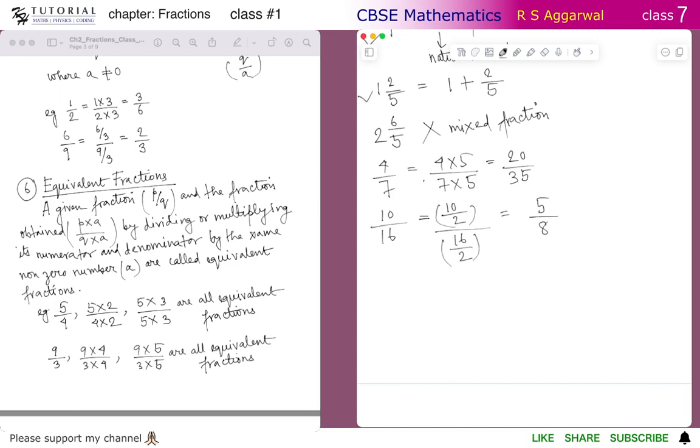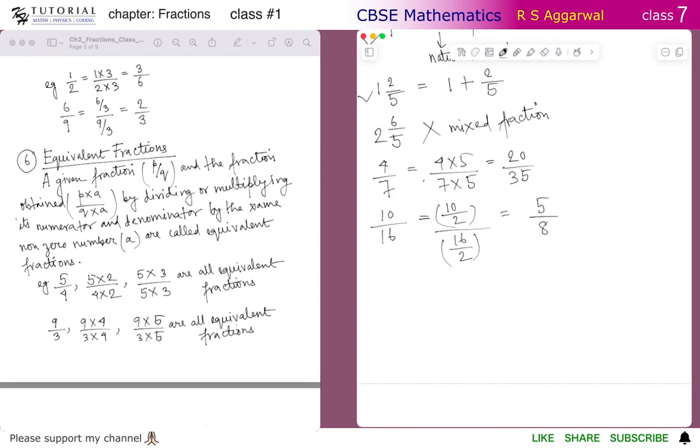So basically you have a given fraction p by q. Now when you multiply both the numerator and the denominator by a non-zero number a, let's say, then these two fractions are equivalent, known as equivalent fractions.